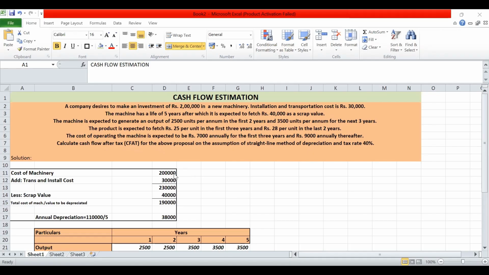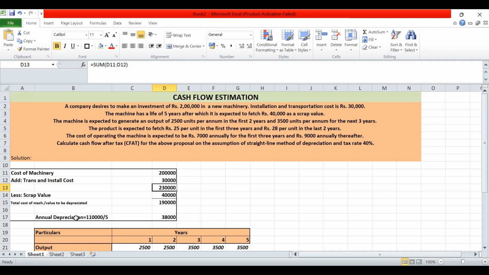So the first thing, the working note, will be calculation of the depreciation amount. We know that cost of machinery is 2 lakh. If we add transportation and installation cost to it, that is 30,000, we will get 2,30,000 as the total cost of the machinery before subtracting the scrap value. If we subtract the scrap value of 40,000, we will get the value to be depreciated, that is 1,90,000.